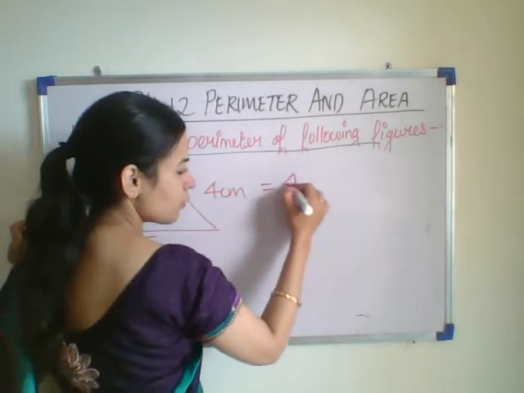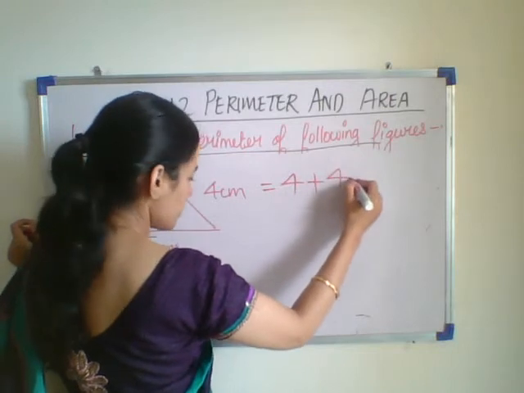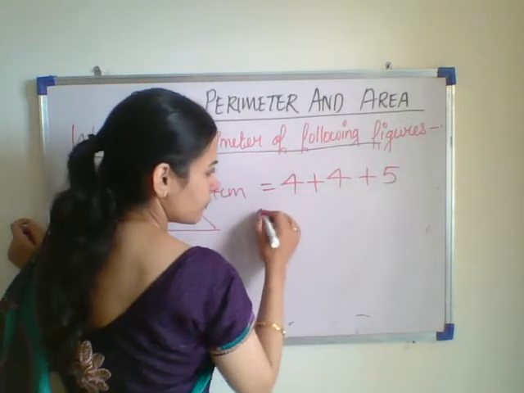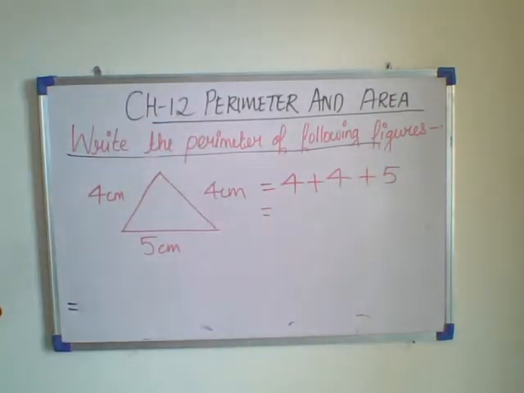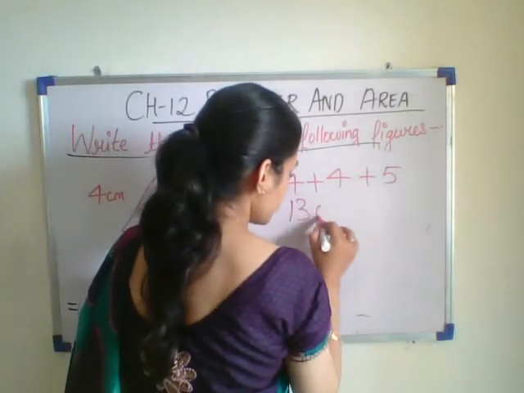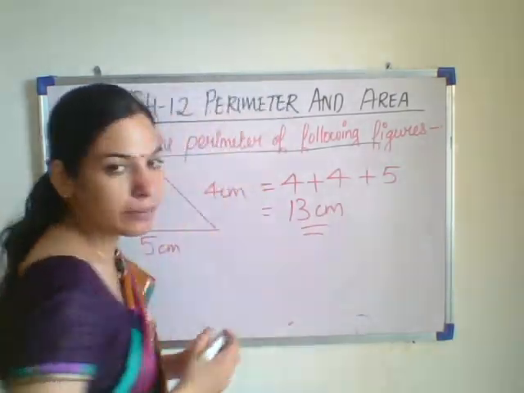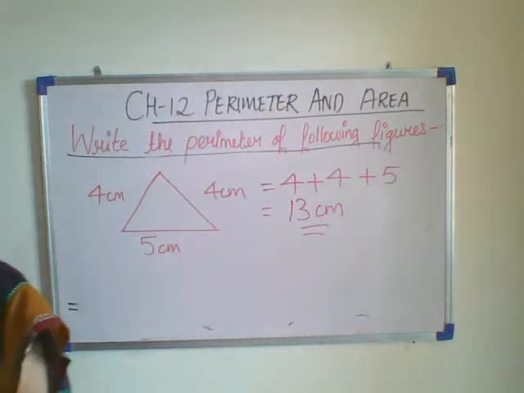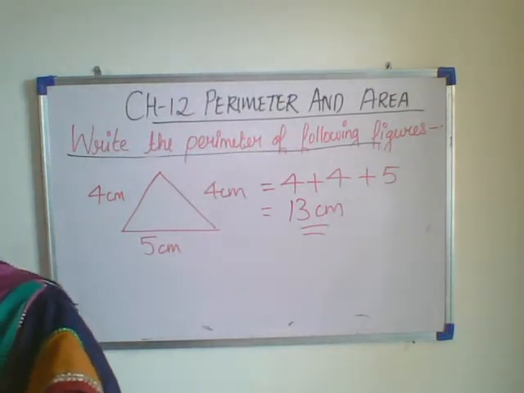It would be 4 plus 4 plus 5. So 4 plus 4 is 8 and 8 plus 5 is equal to 13. 13 centimeter is the perimeter of this triangle.